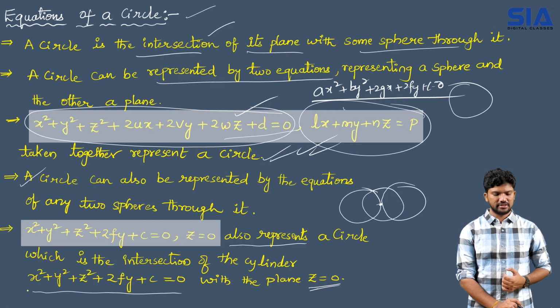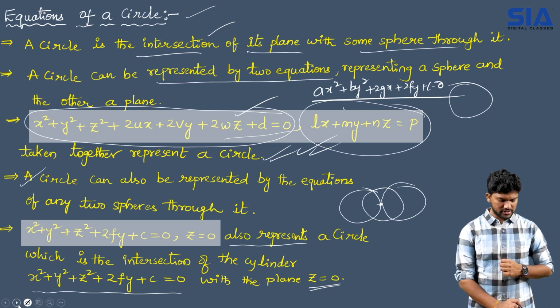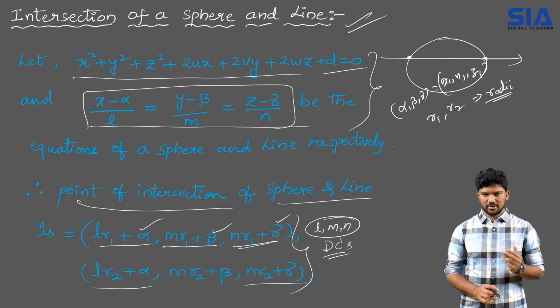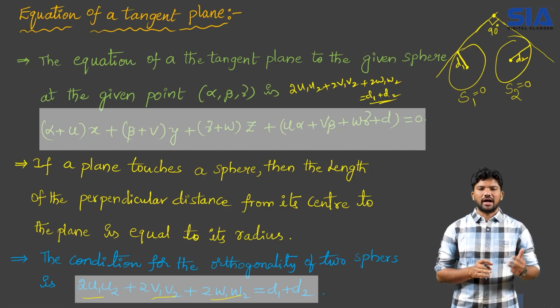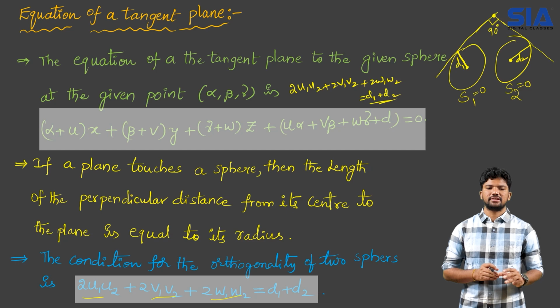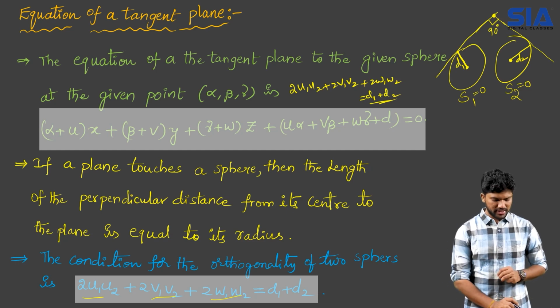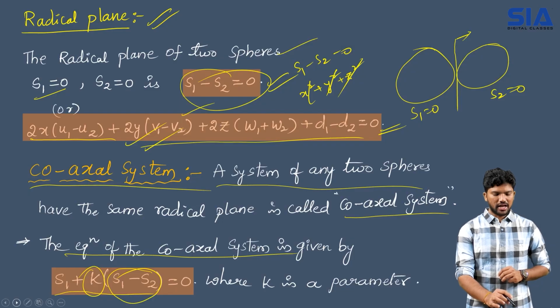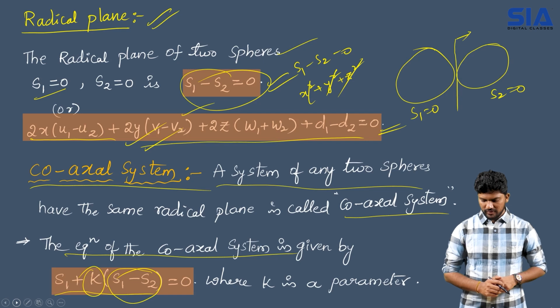Next we discussed the equation of a circle; three types of equation will be there, just remember. And next the intersection point, then the tangent plane and the condition for the tangent plane. Orthogonal spheres and their condition, and the radical plane and coaxial system were also discussed. These are very important topics in this unit.